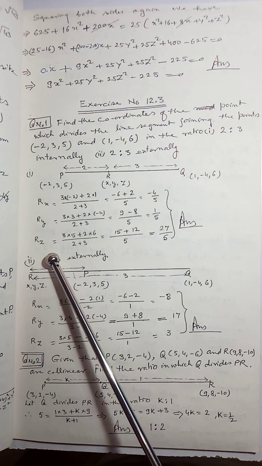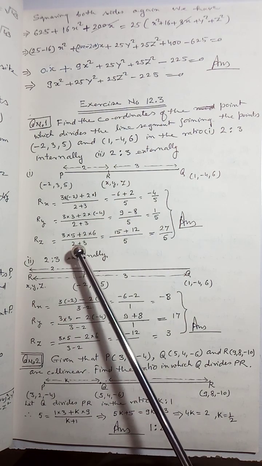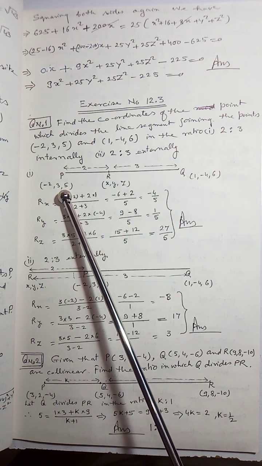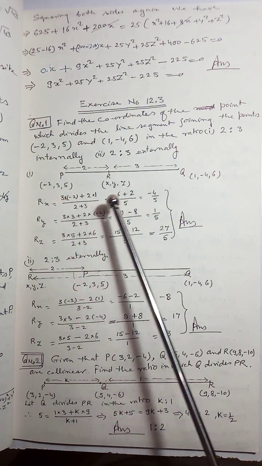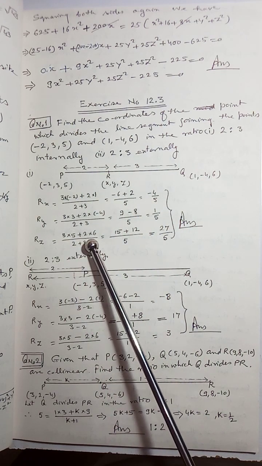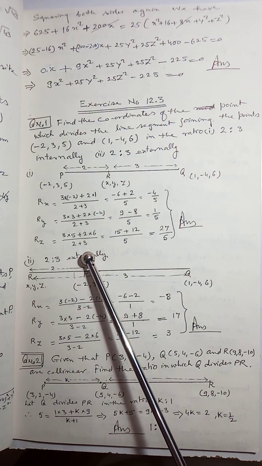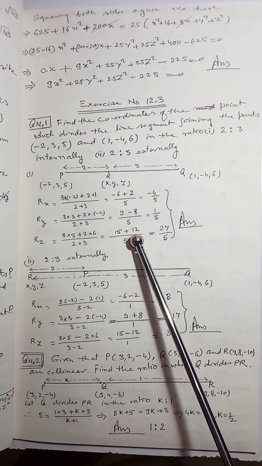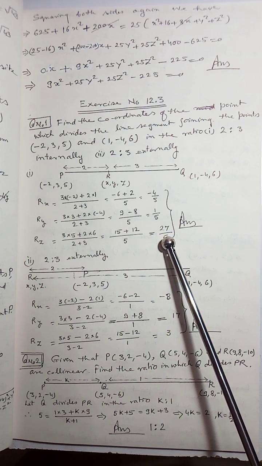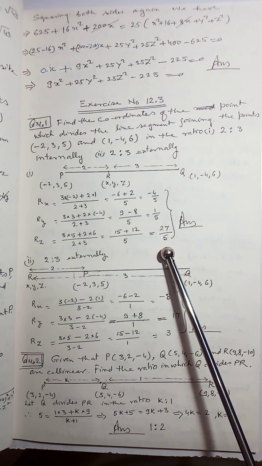Rz means the z coordinate of the point R. It will be equal to 3 into 5 plus 2 into 6, whole divided by 2 plus 3. It will be equal to 15 plus 12 divided by 5, and ultimately it will be 27 by 5.